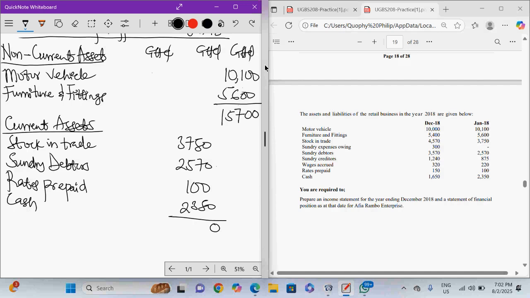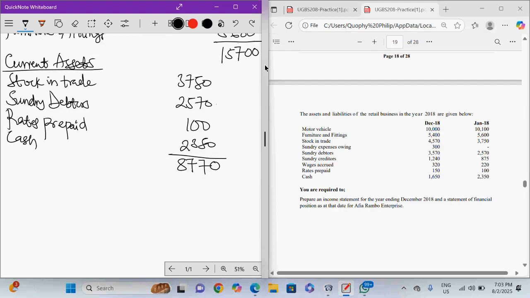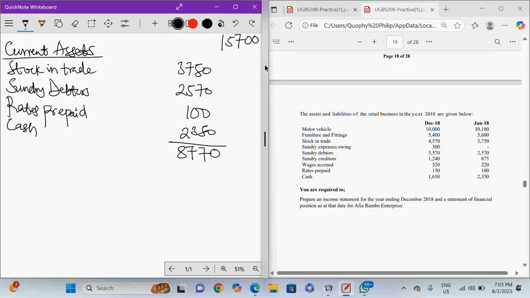The non-current is 8,770. Then we less our current liabilities from the current assets.